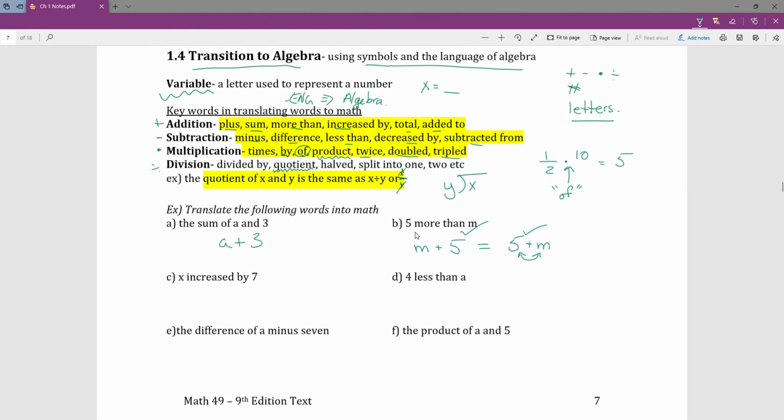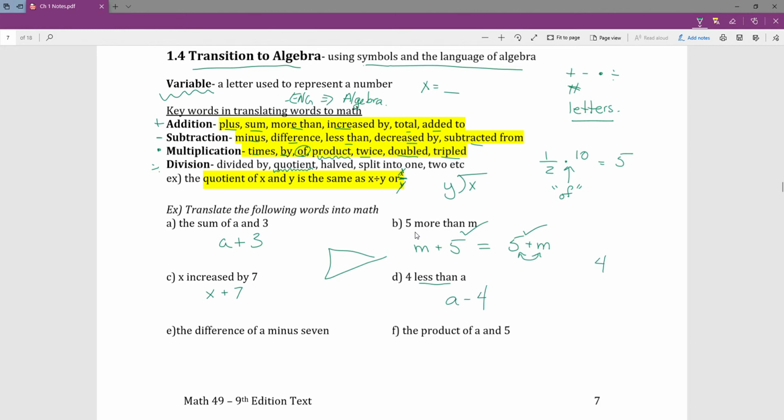Okay, so X increased by 7. Most of us will write X plus 7. You could do it in the other order though. 4 less than A. Less than is subtraction. And even though I was just saying up here, order doesn't matter in these ones, it does matter with subtraction. And so 4 less than A, we have to have A minus 4.